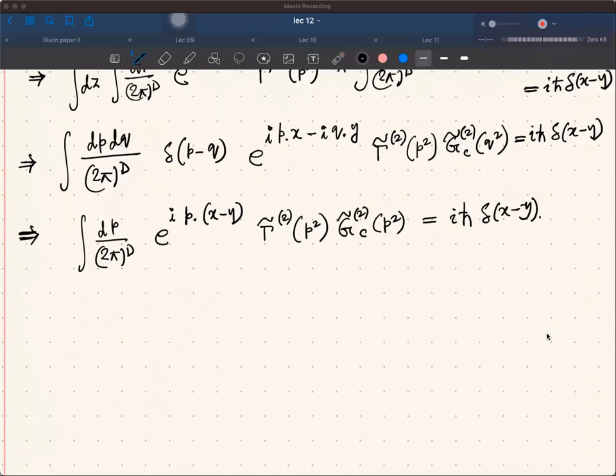Since the right hand side is a delta function, the left hand side should also be a delta function, and this is sufficient to get the delta function. So this must be 1, that this is the delta function. So this must be 1.